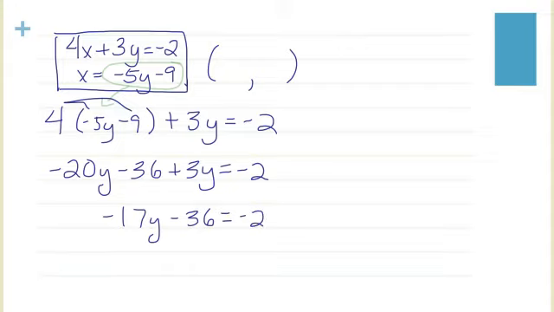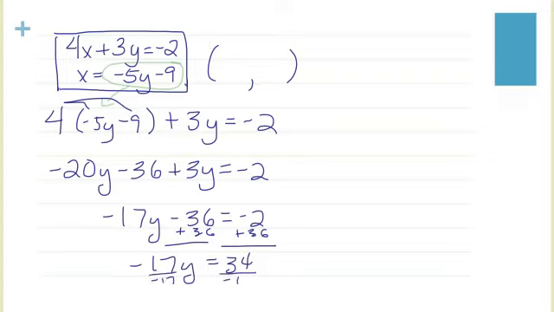I'm going to add my 36 to both sides. So I've got -17y equals 34. And if I divide both sides by -17, I won't show all the steps on all of them, but on this first one I will, I end up with -2.